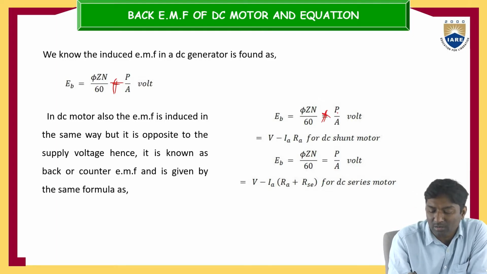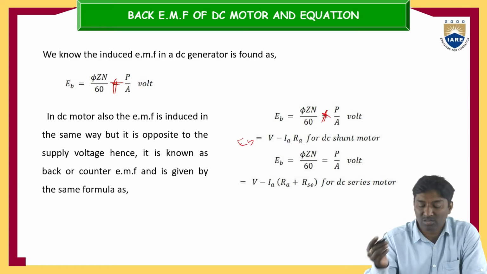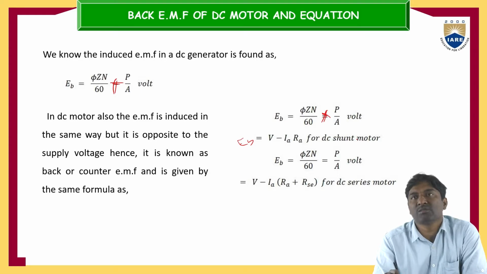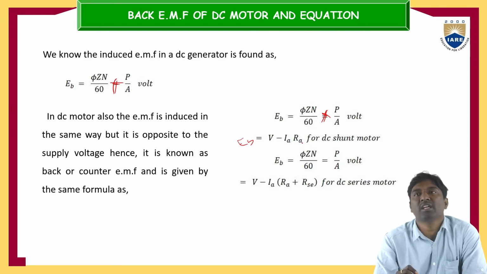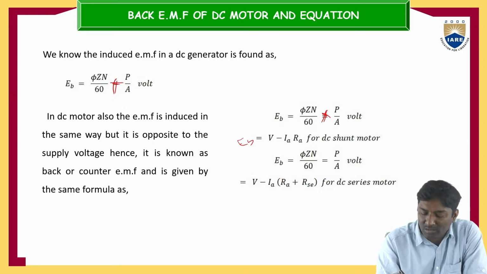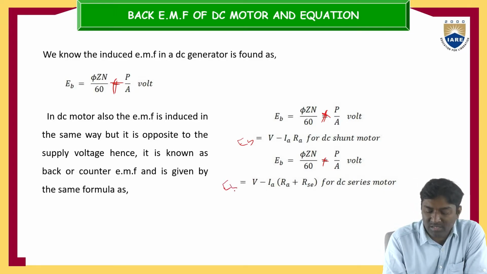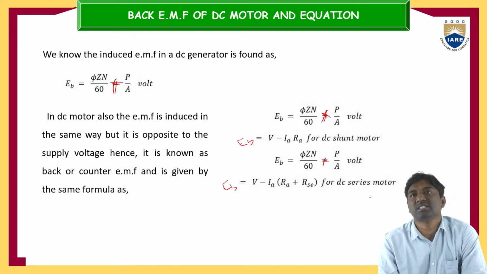Now, in case of the classification of the motors, Eb for the DC shunt motor is equal to V minus Ia Ra, where Eb is equal to P pi Z N divided by 60 A. In case of the series motor, Eb is equal to V minus Ia into (Ra plus Rsc), for the DC series motor.